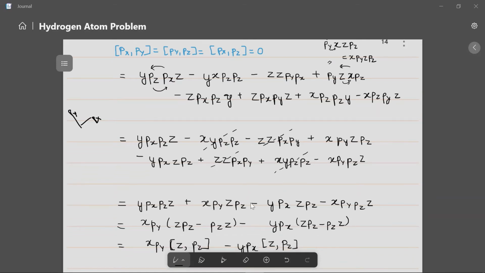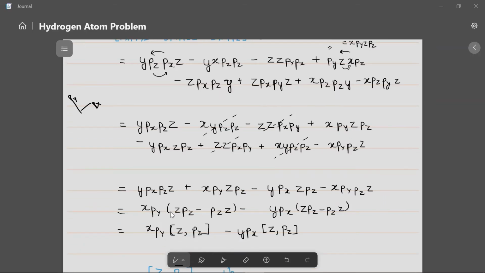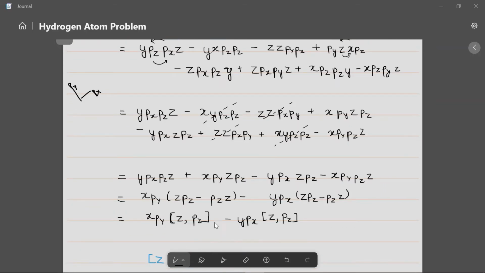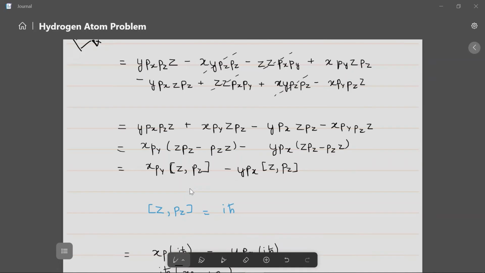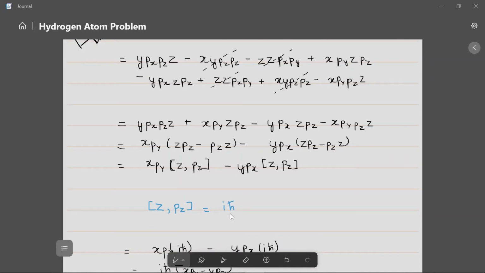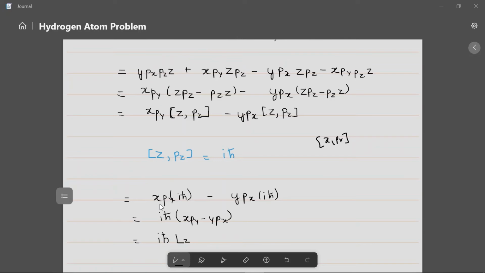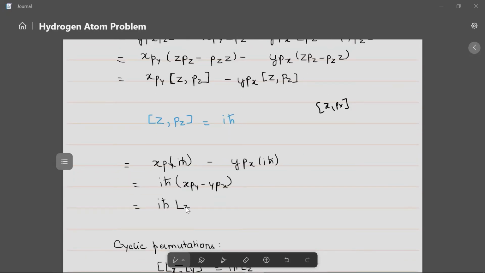What you get is a 4-term expression. You take the common terms outside, so what you see here is just the commutation of z and pz, and you know that the commutation of z and pz is given as i h cut by the uncertainty relation, much like x and px. It's just the same thing written in the z axis now. So you put in the value and what you get is i h cut Lz.